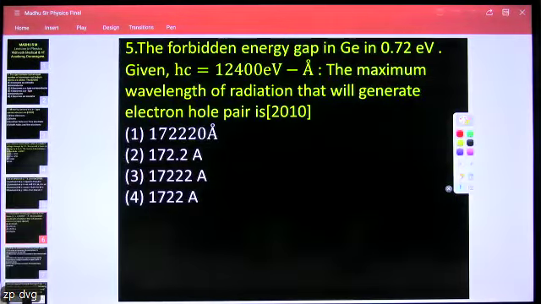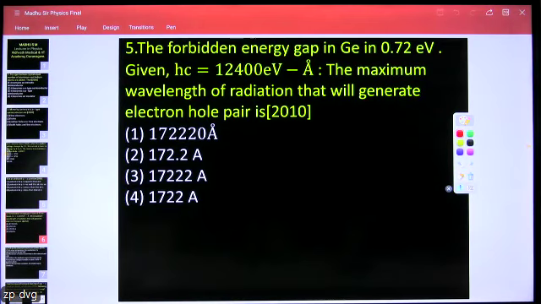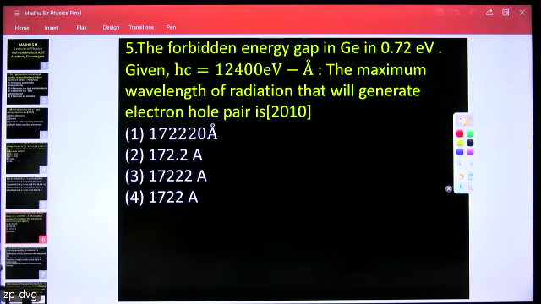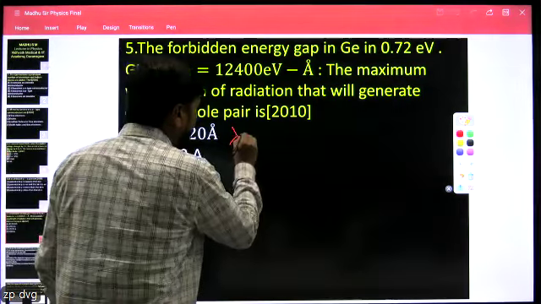Forbidden energy gap of germanium is 0.72 electron volt. Given hc, where h is the Planck's constant and c is the speed of light in air or vacuum, they have given the direct value 12400 electron volt angstrom. The maximum wavelength of radiation that will generate an electron-hole pair is asked. They are asking to calculate lambda.